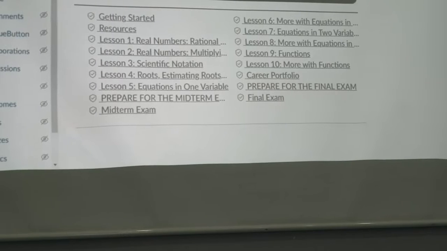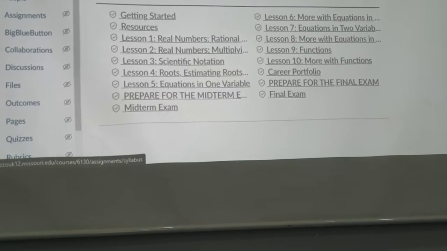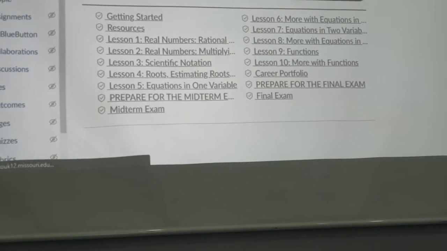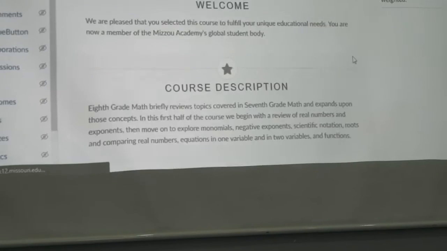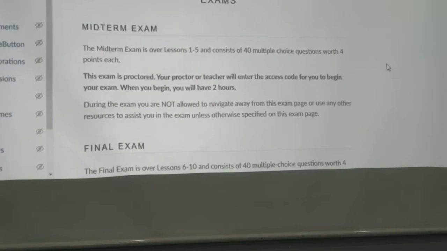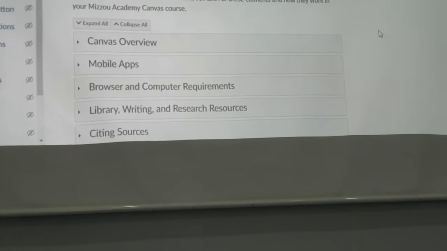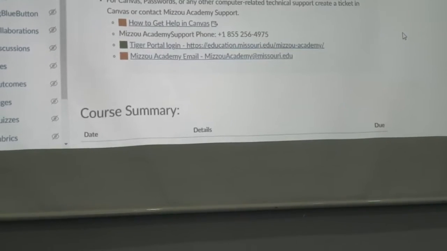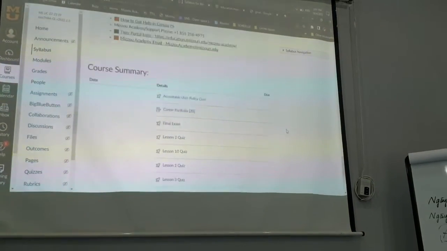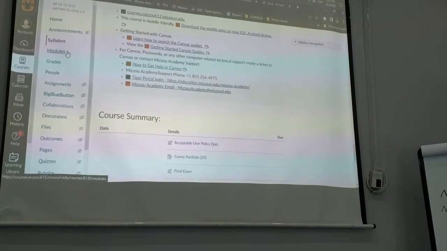Pick one of those you want to see, Terry. Real numbers, scientific notation. Do you know that stuff? I can't hear you. So you know all of it? Pick one that you know or you think that you're at now, and let's take a look at it. See how that matches to what you learn. Coordinate plane, like graphs.